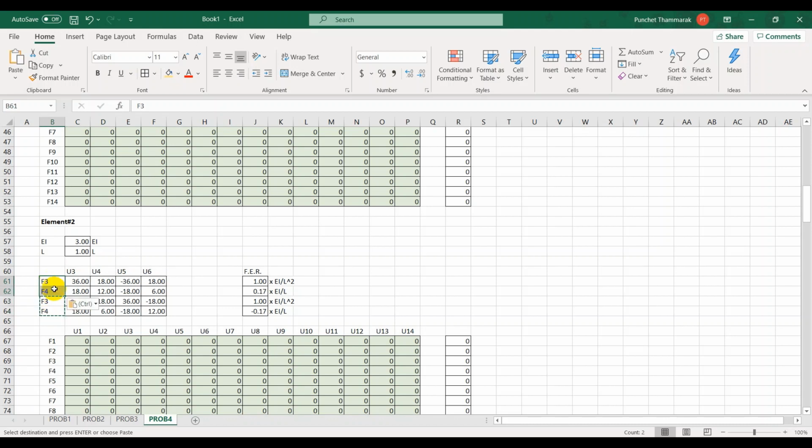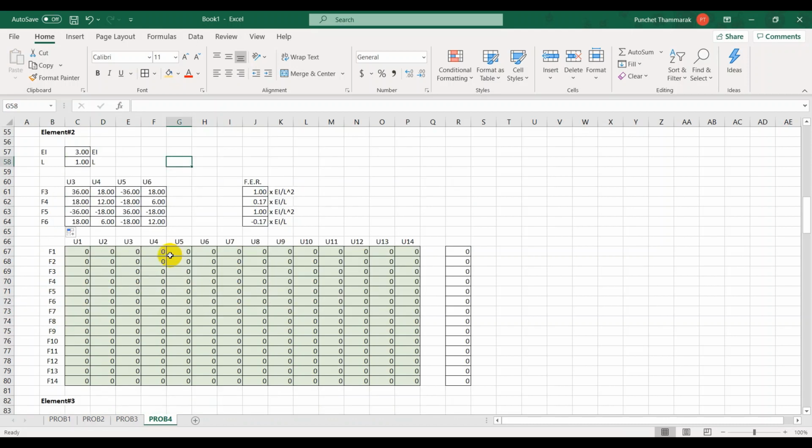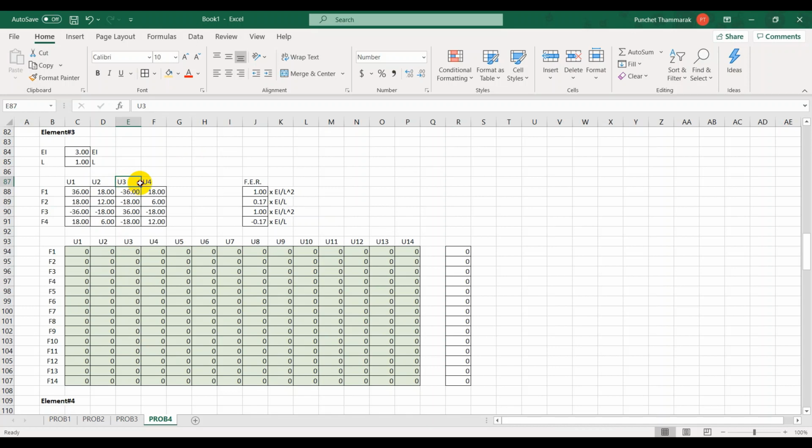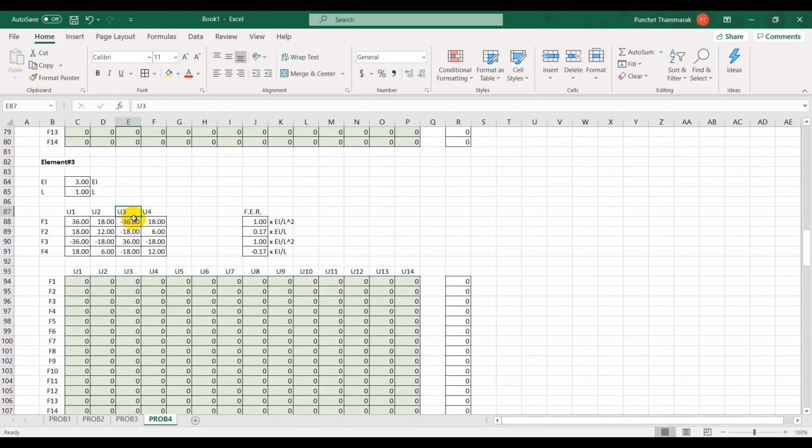So I do it like this. 3, 4, 5, 6. That's going to be here. 3, 4, 5, 6, and that thing here is equal to this, so copy down. Yeah, that's it. Next, so we're supposed to be 3 4 5 6, now 5 6 7 8, right? 5 6 7 8.